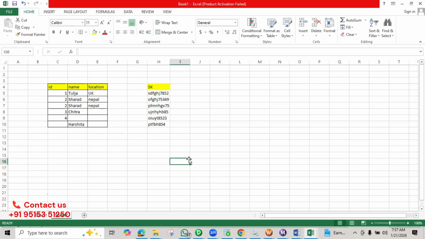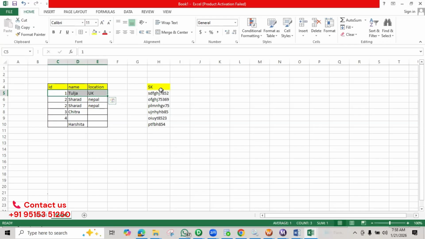If we edit any of the columns, will the surrogate key still be the same? No, the surrogate key will get updated, because this surrogate key was assigned for this value only. Imagine one record Tulja UK is there and this surrogate key was generated.